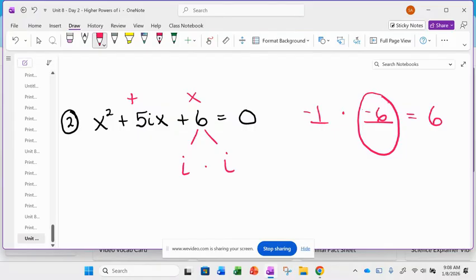So now let's think about this. If I want to multiply to a negative 6, this is going to be our coefficients. We can do a negative 3 and a positive 2, right? But will a negative 3 and a positive 2 ever add to 5? No.